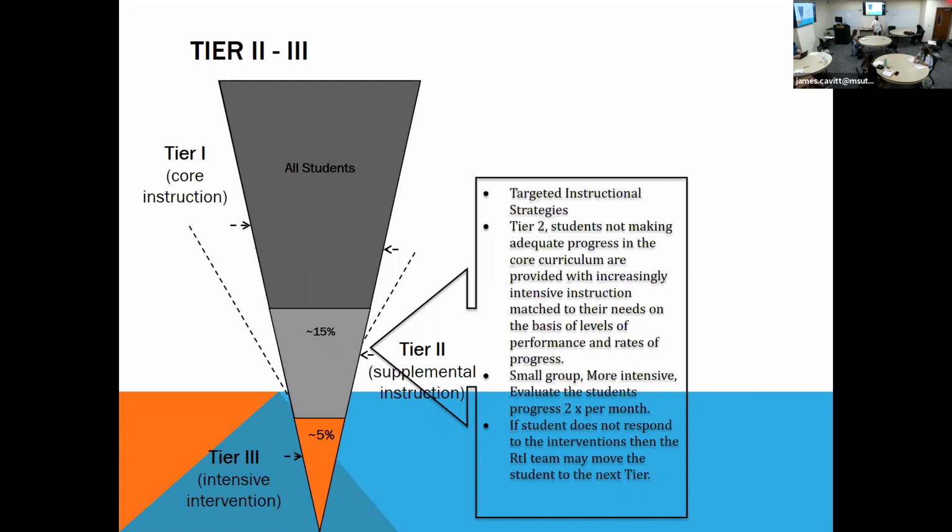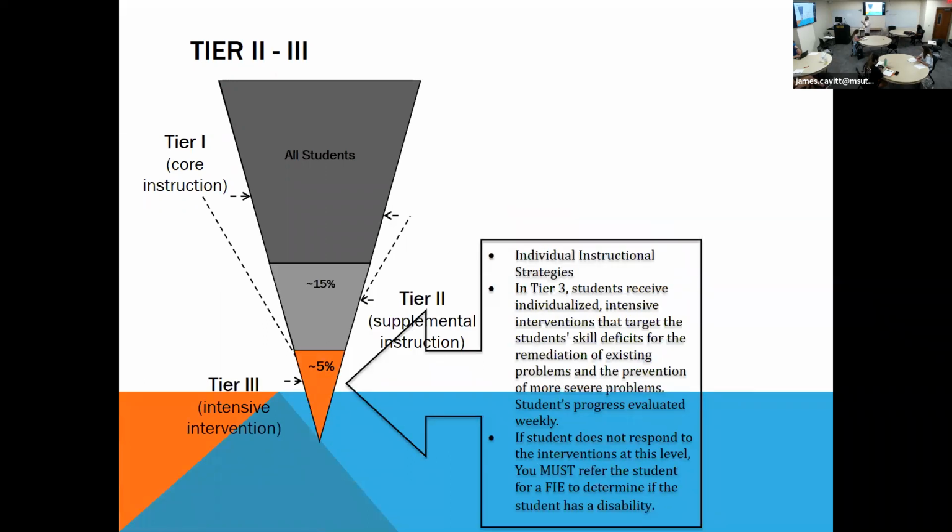So what do we need to do with Steve? Do we need to continue on, or do we need to make a referral for more intensified interventions? We need to intensify the interventions. So now we're going to go to the RTI meeting, move Steve to tier 3.